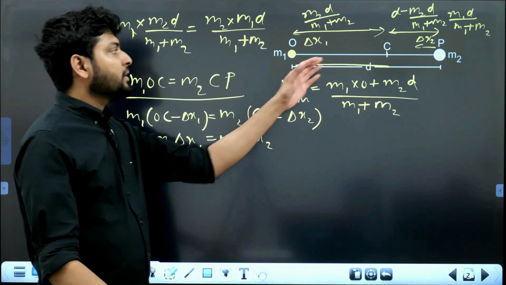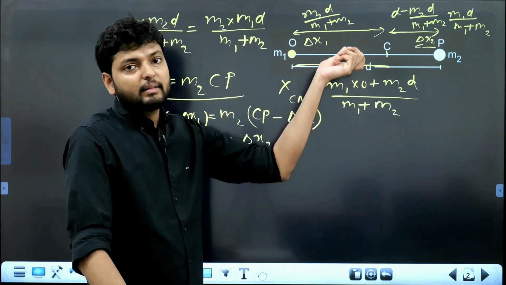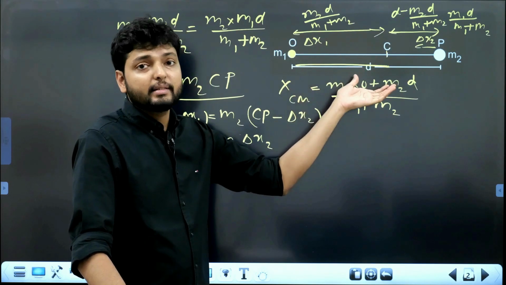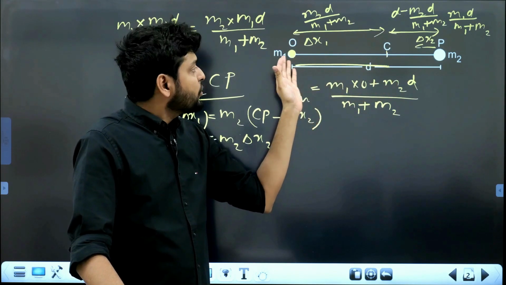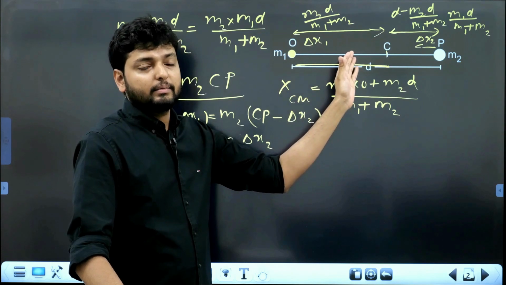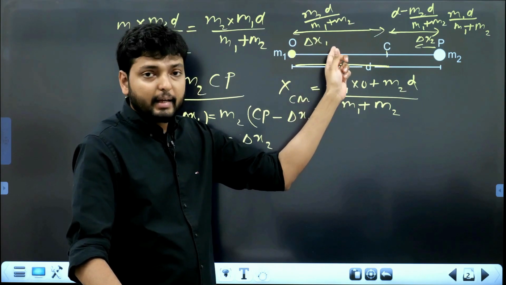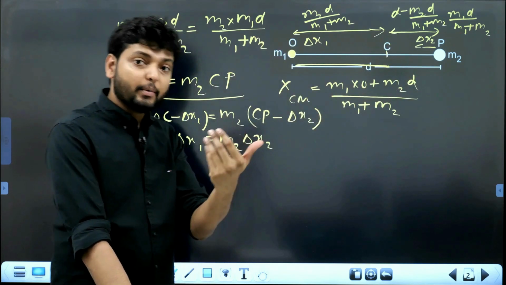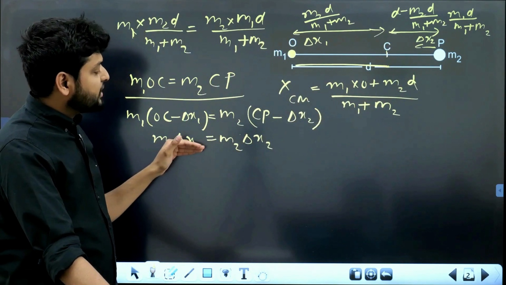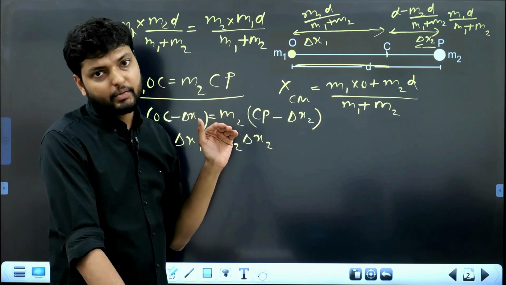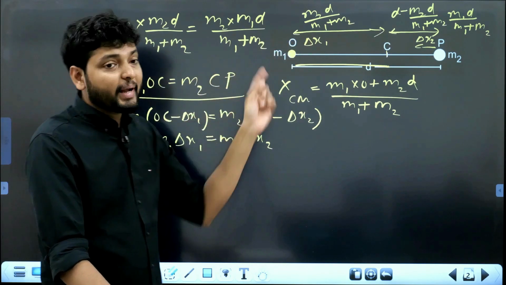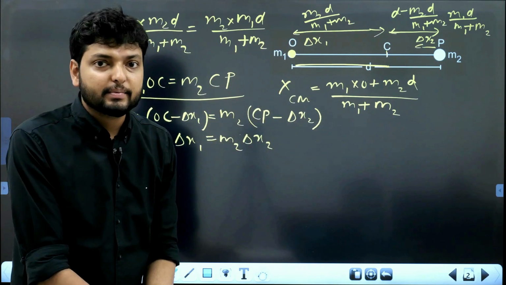So in order for the center of mass location to be unchanged, if we move one mass towards the center of mass by delta x1, then the other mass has to be moved by delta x2 in such a way that m1 delta x1 is equal to m2 delta x2. All the movements have to be made in the inverse ratio of the masses, right?